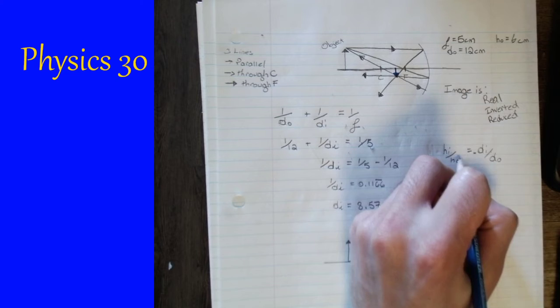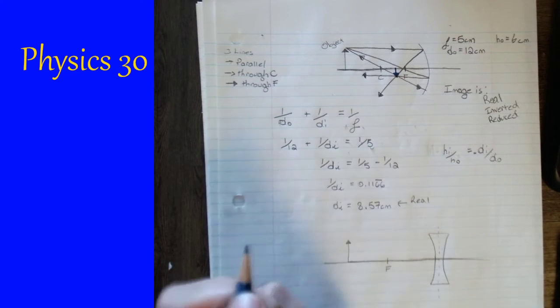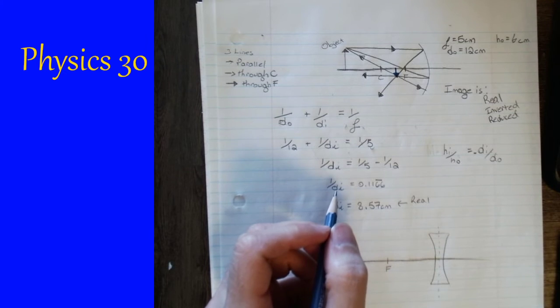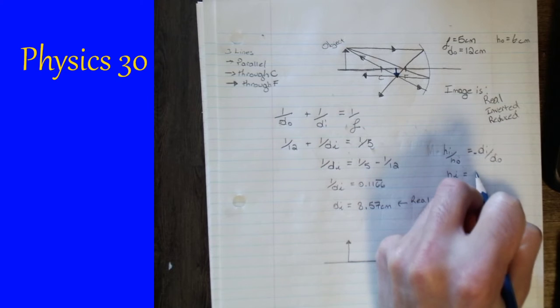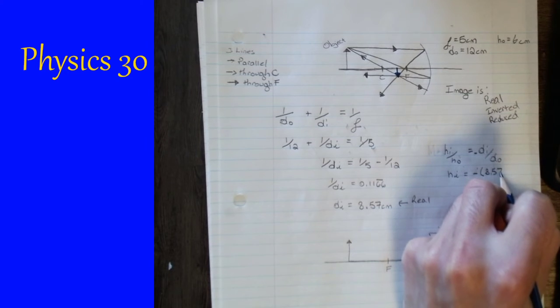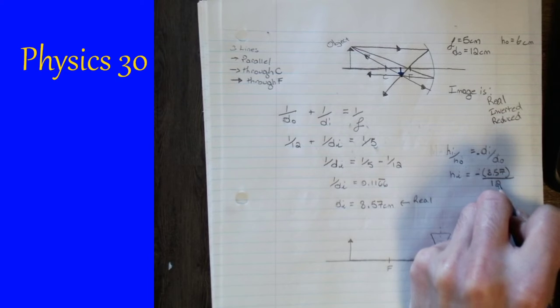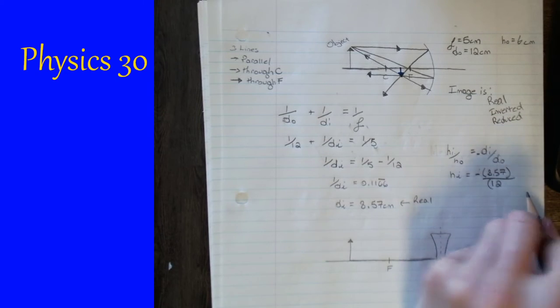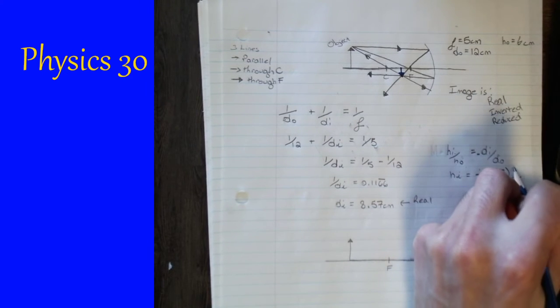And I know that this is the equivalency based off of magnification, and we can calculate for that by saying, well, negative sign, our image distance, 8.57 over 12 multiplied by our object height, which was 6.